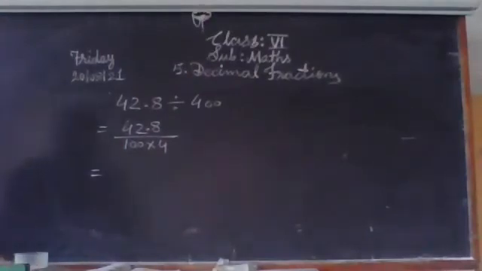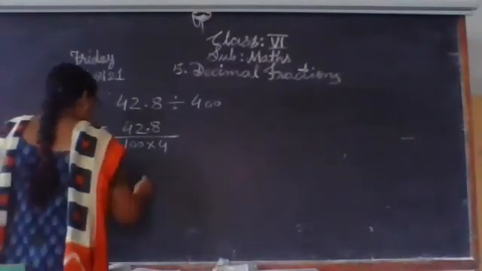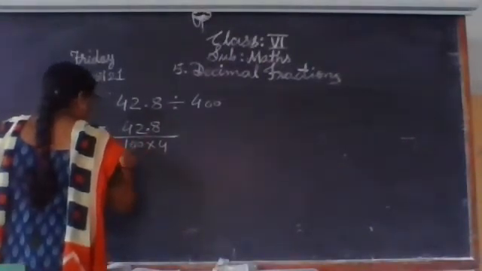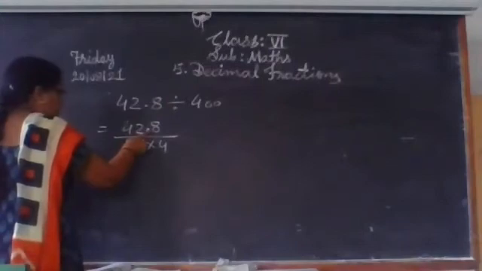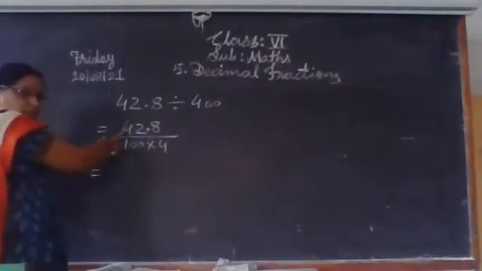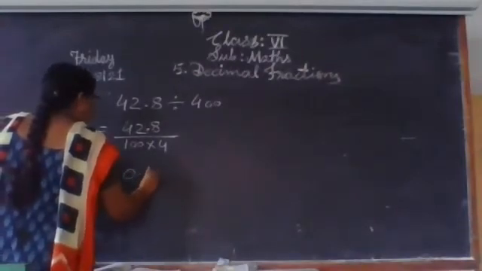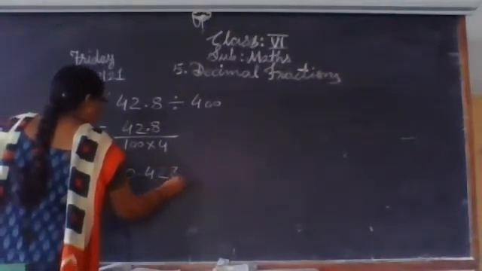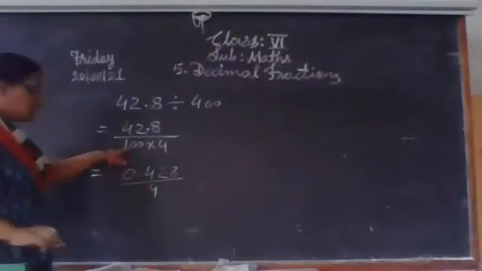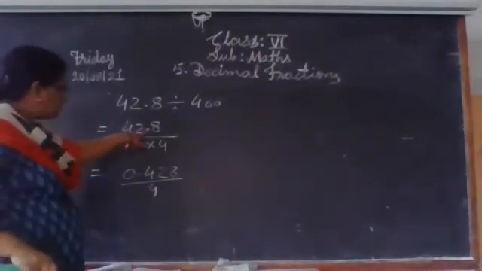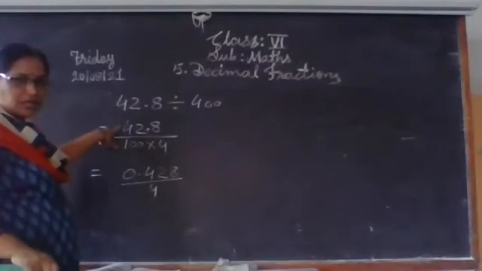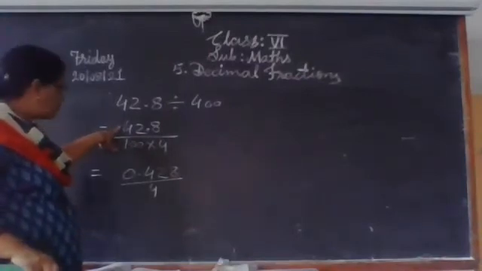Now, what to do? See, it has 2 zeros, so you have to shift this decimal point 2 places to the left side. So it will be 0.428 divided by 100. See, division by 100 is over. So it is 0.428.